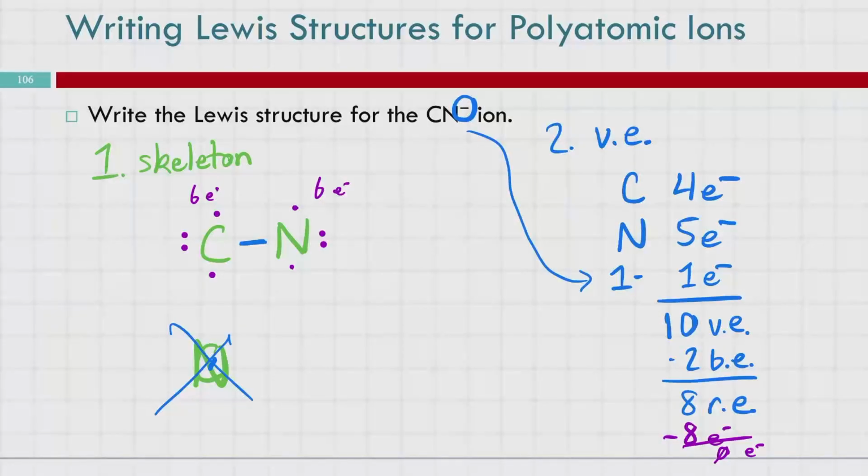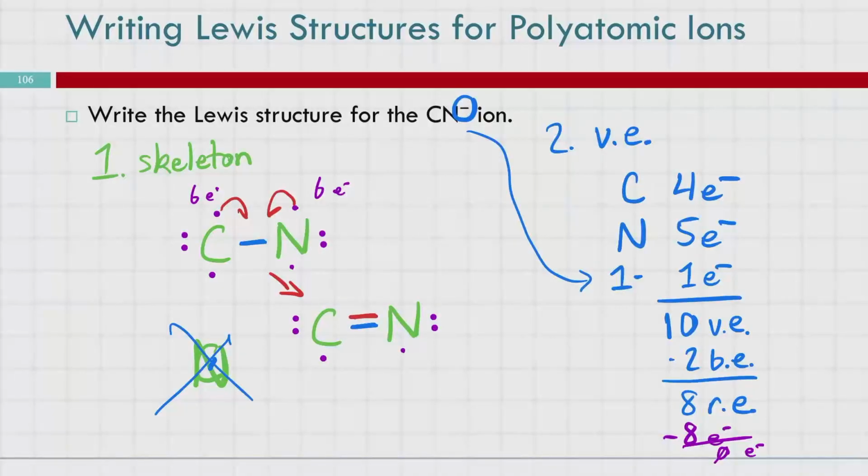How can we get them to each have more electrons? More bonds. So we can bring in some bonds. And these single electrons could also potentially be a signal to us that we need more bonds. So if we move in some electrons, our structure updates, and it would look like this.